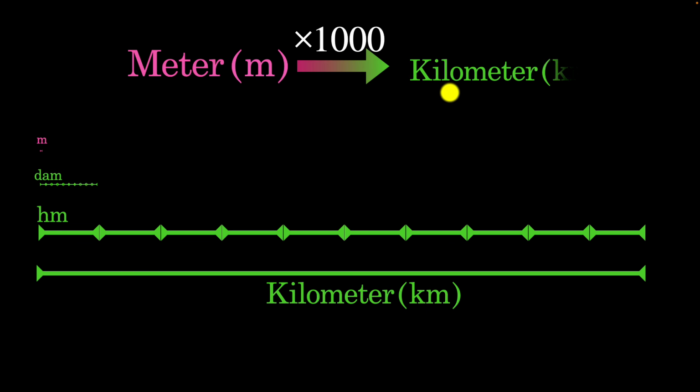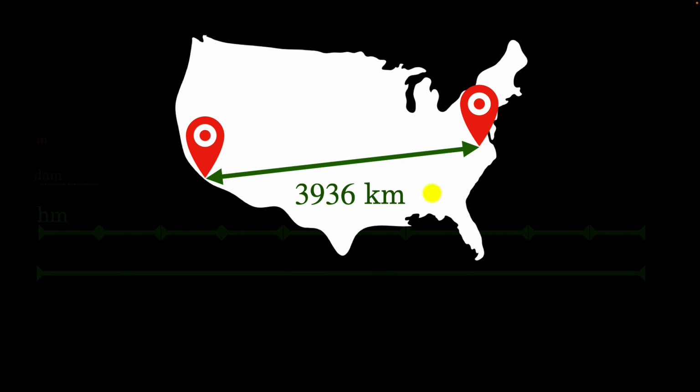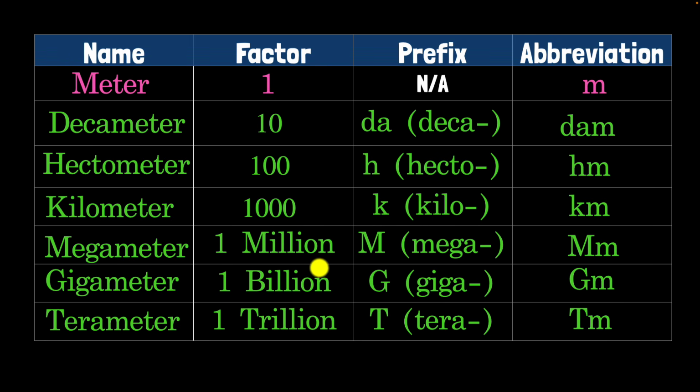So a kilometer is 1,000 meters. And now we have a unit that's big enough and you're familiar with, and we use that to measure distance between cities, for example. And there we have it. This is how we build larger units, by multiplying our base unit by the powers of 10. And again, we don't have to stop there. We can just keep building larger and larger units like this by multiplying with bigger and bigger powers of 10.